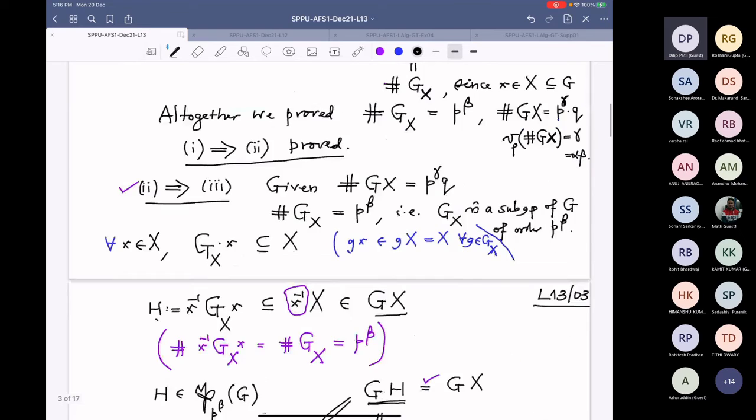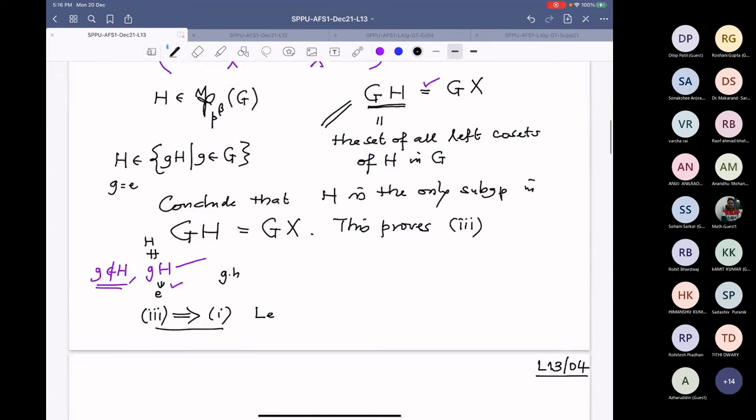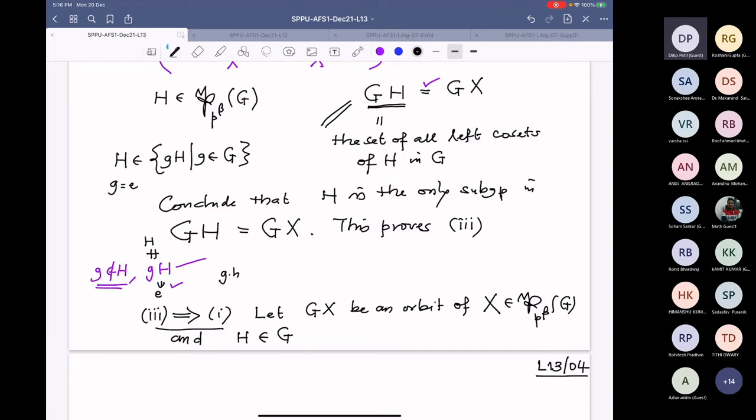Right? So start with that orbit. Let Gx be an orbit of X. Remember, X is in P power beta of G, and H belongs to the orbit, a unique subgroup of order P power beta in G, and that is contained here, and that is the only subgroup which is contained in that orbit.